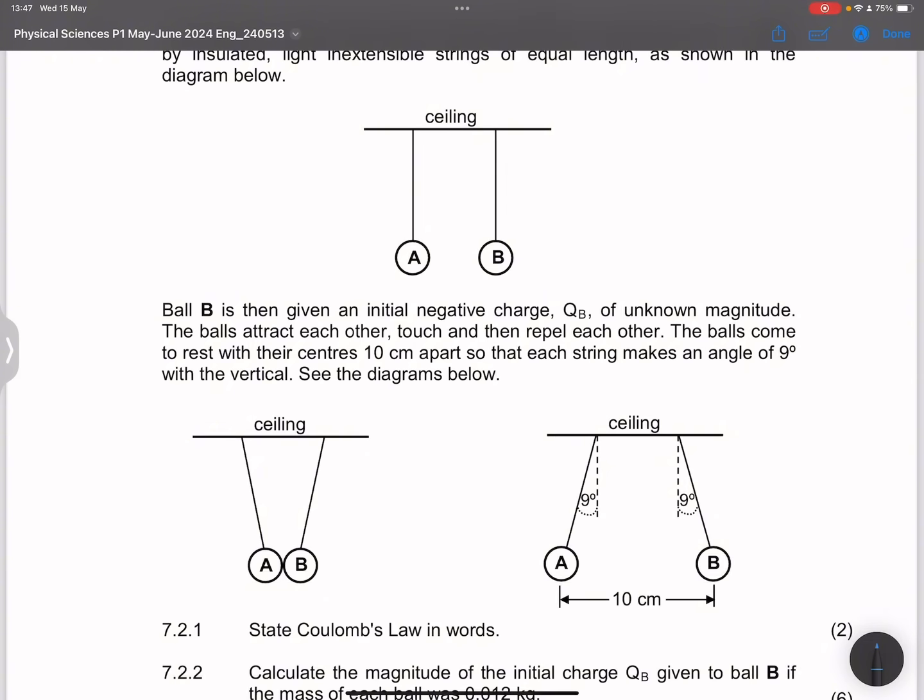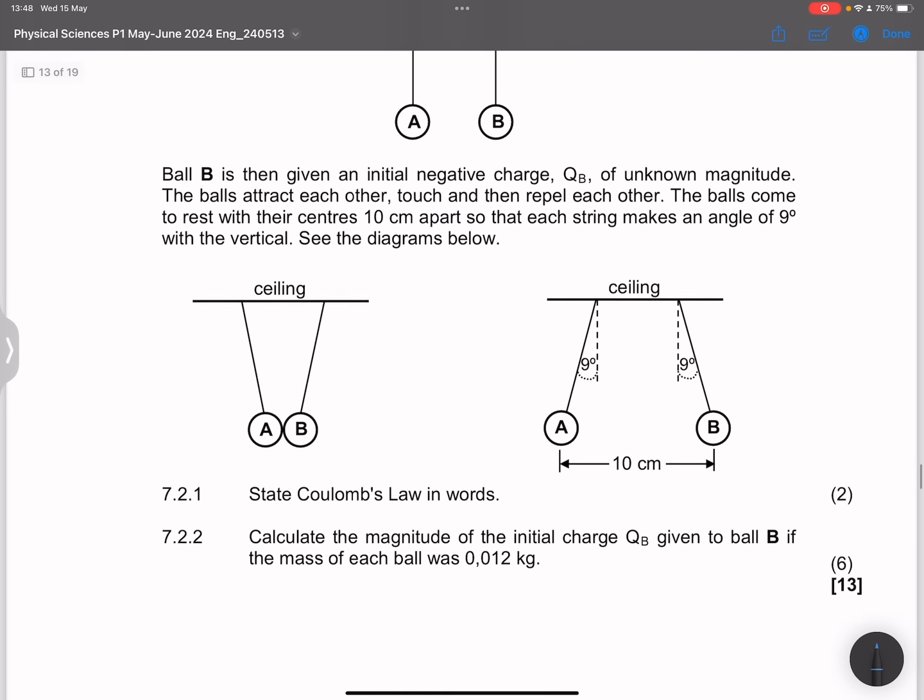The balls attract each other, and then repel each other. The balls come to rest with their centers 10 centimeters apart, so that each string makes an angle of 9 degrees with the vertical. See the diagram below.